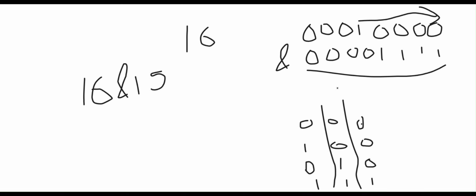So if we AND a number n with n minus 1, it will flip all bits from the last set bit towards the right side. And if we AND them, it is not going to result in any value, it is going to be 0.